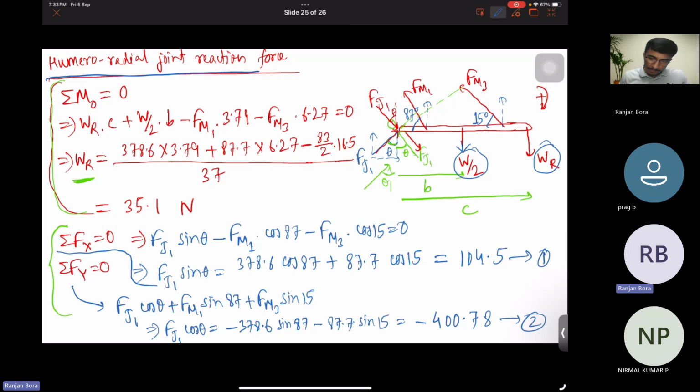So it should be F1 cos theta plus Fm sin theta equals minus W/2 and minus WR. Okay.